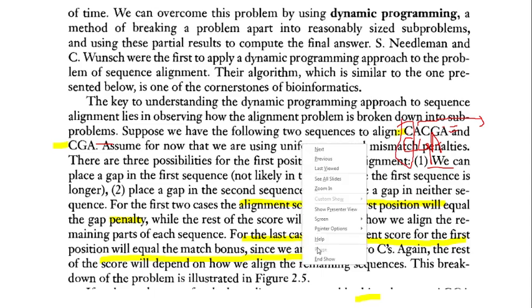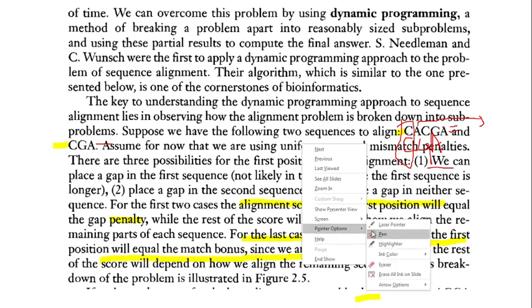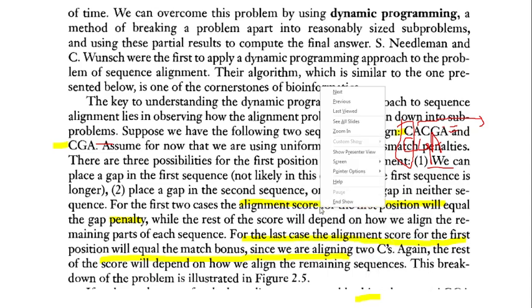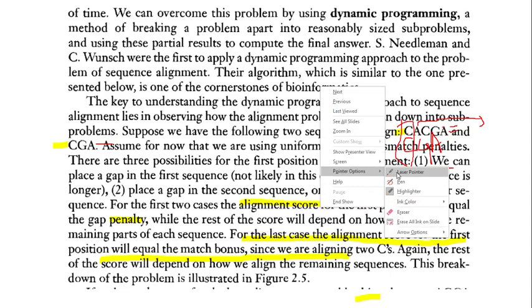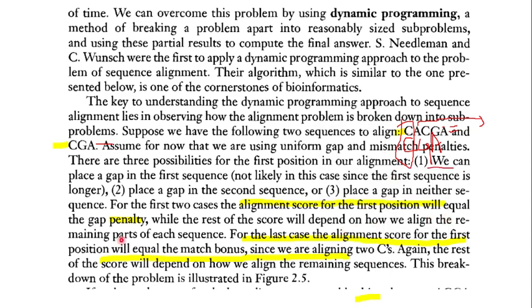In the first two cases the score will be only a gap penalty, while without inserting a gap, we got a match bonus or match score in the third case.